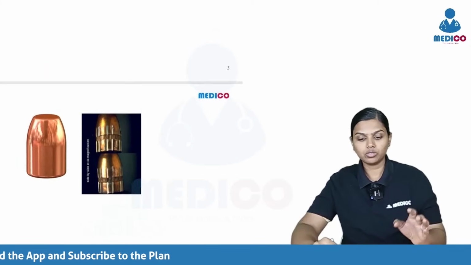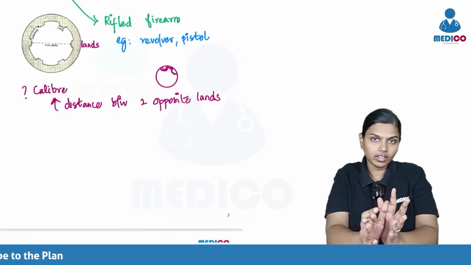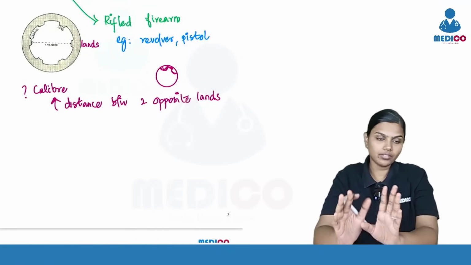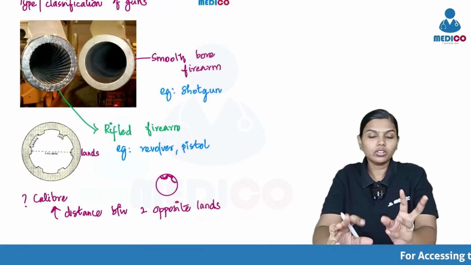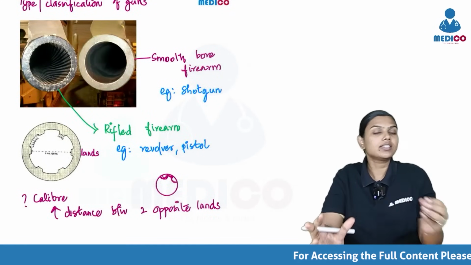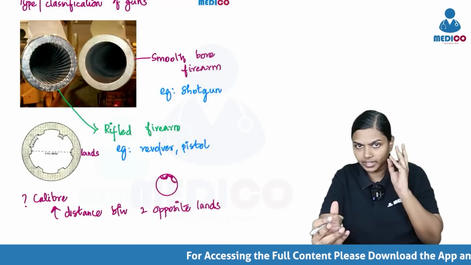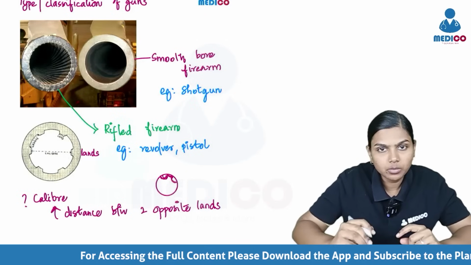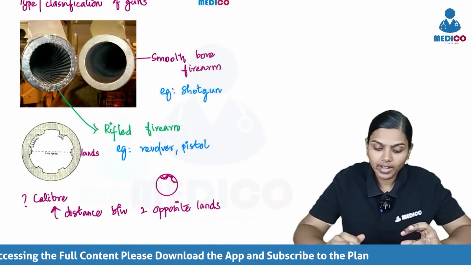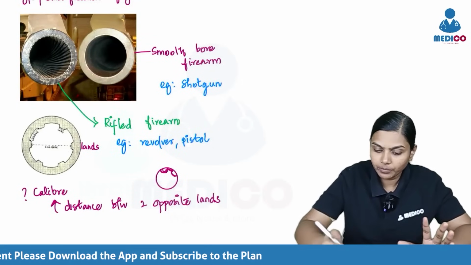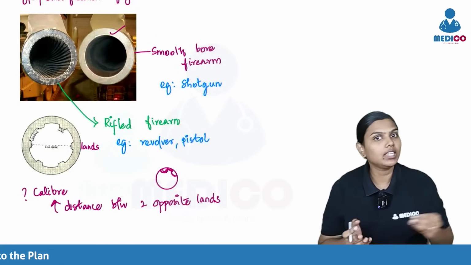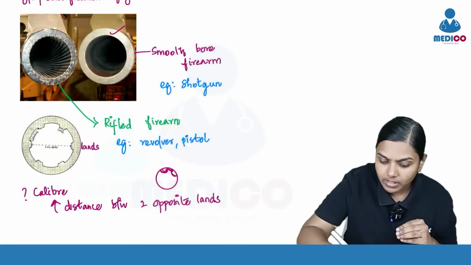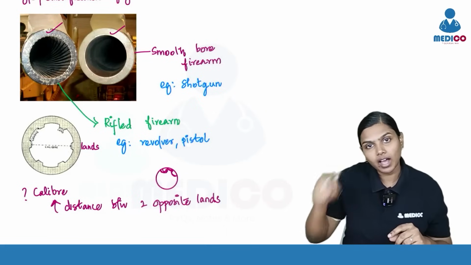Next, we have seen rifling and smooth bore firearms. Now I will ask you something. The projectile, the bullet, comes out of this bore. With a smooth bore firearm there is nothing inside, so it will easily pass through. But with a rifled firearm there are a lot of markings inside.